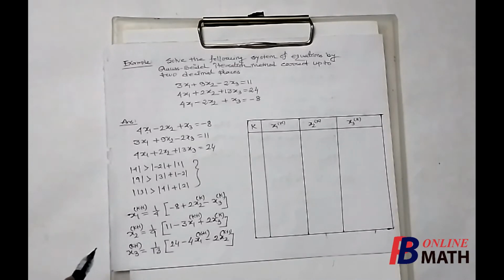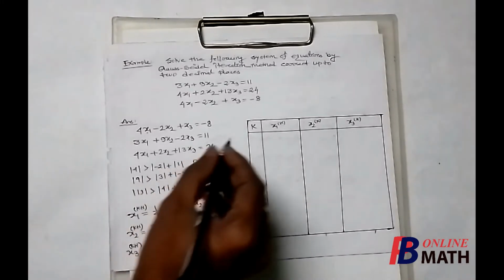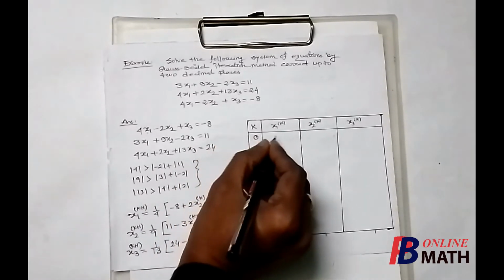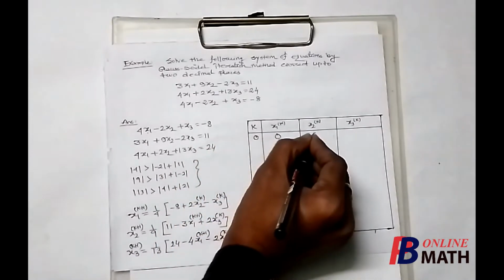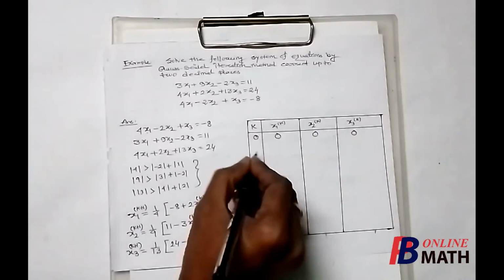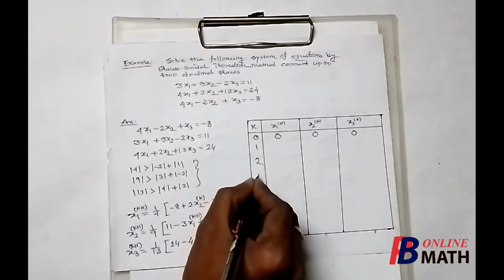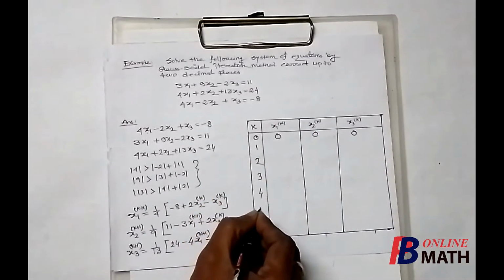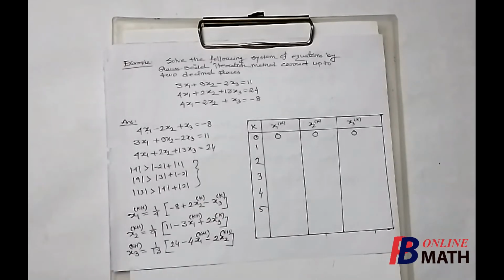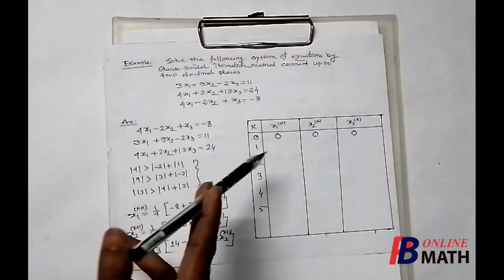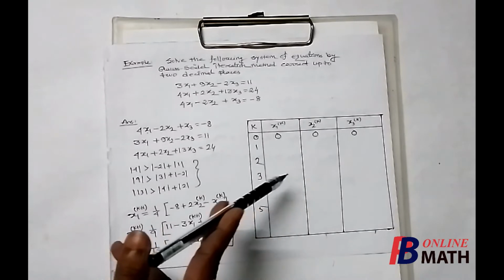Now since Gauss-Seidel is an iteration method, we have to assume one initial solution. So we assume that 0, 0, 0 is our initial trial solution.